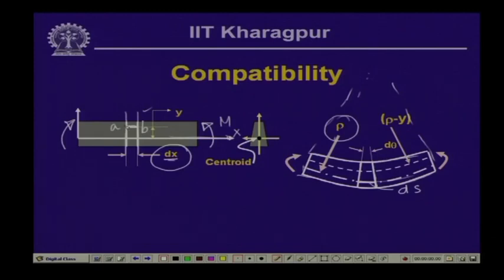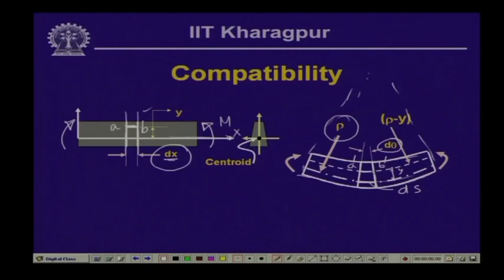Now, the fiber AB here, this is A' B', let us call it after deformation. Now, here this was at a distance of y, also undergoes deformation, and let us assume that this particular segment forms an angle d theta.